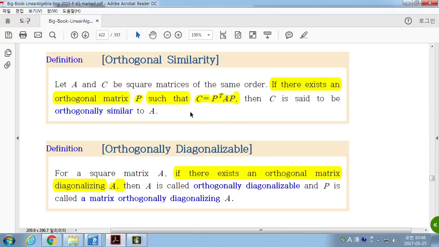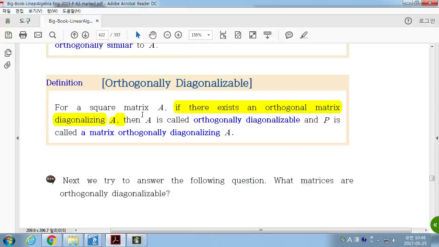For a square matrix A, if there exists an orthogonal matrix diagonalizing A, then A is called orthogonally diagonalizable. If you can find an orthogonal matrix P and a diagonal matrix D such that P transpose AP is equal to D, then we call it orthogonally diagonalizable. And the matrix P is called a matrix orthogonally diagonalizing A. P transpose AP is a diagonal matrix.